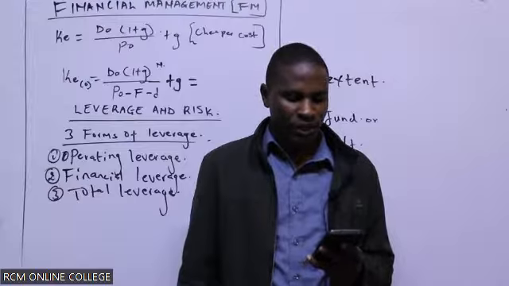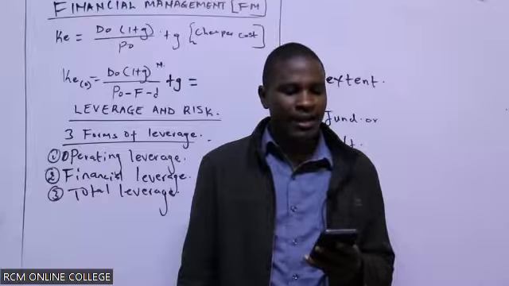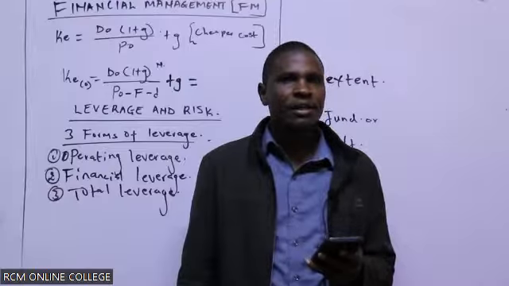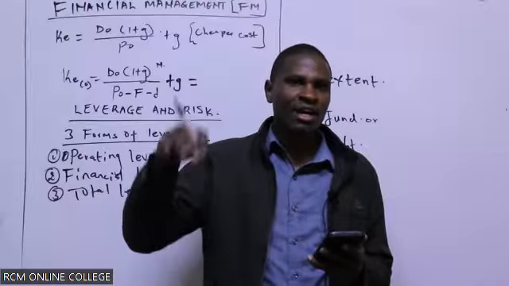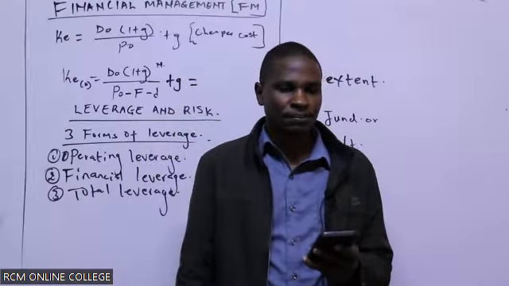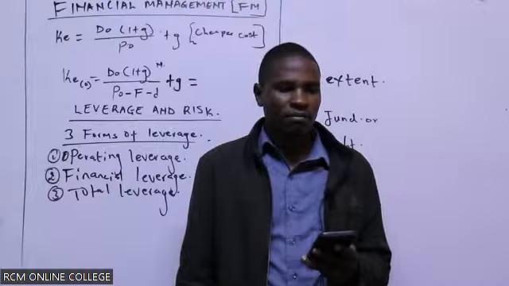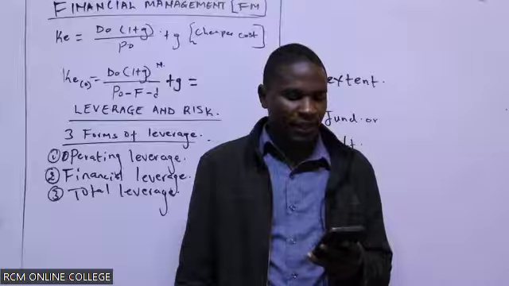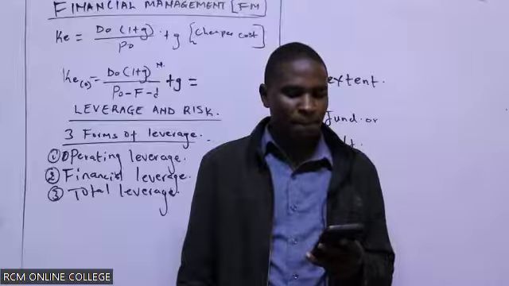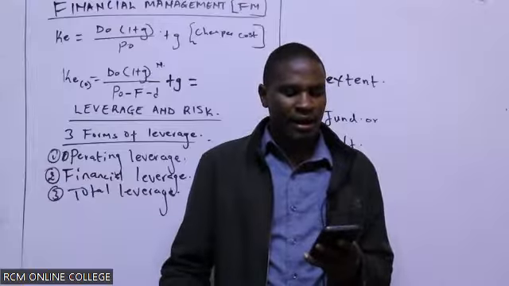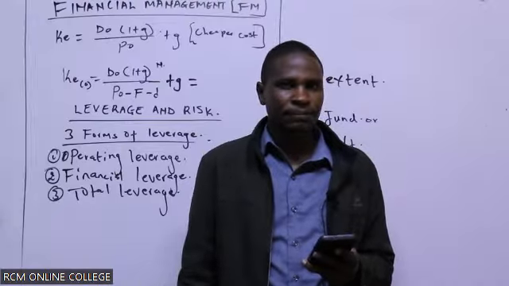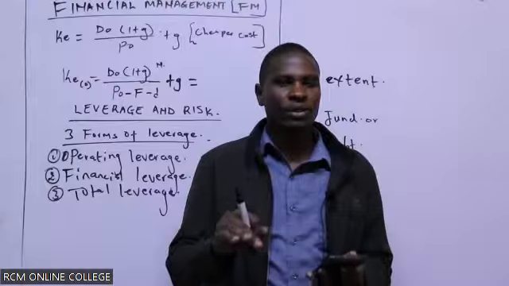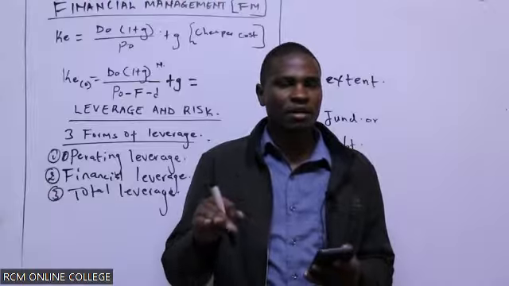You continue and say, a higher operating leverage. What does it mean if we have a higher operating leverage? A higher operating leverage means that a company has a higher proportion of fixed cost. Remember, we are looking at the ratio of fixed cost and variable cost.